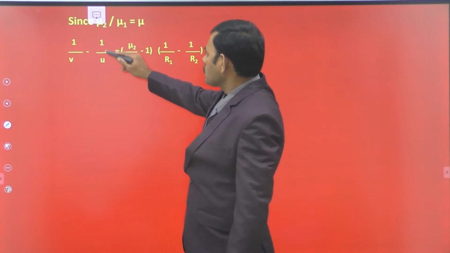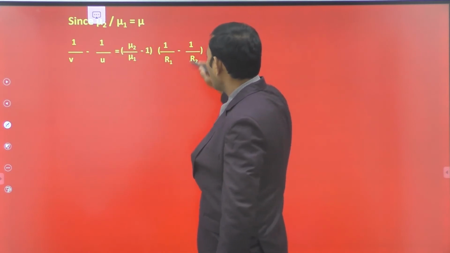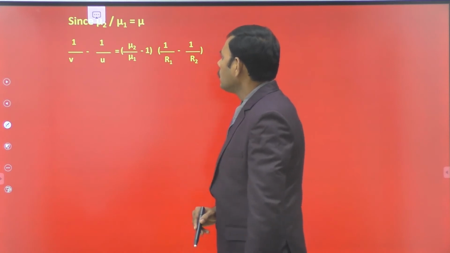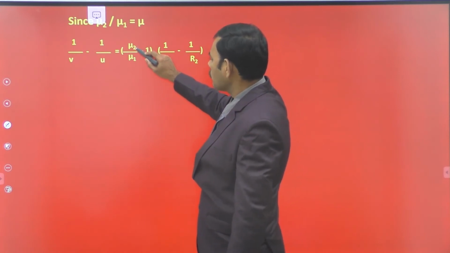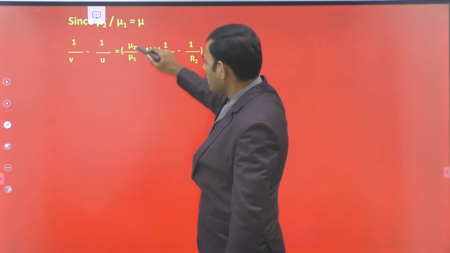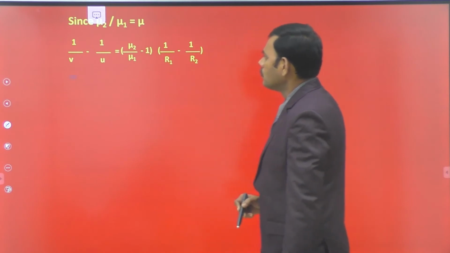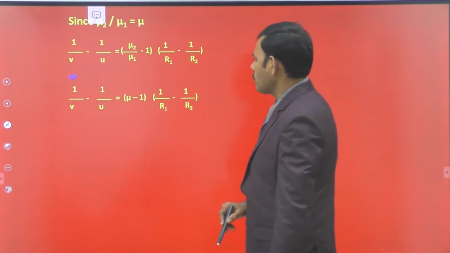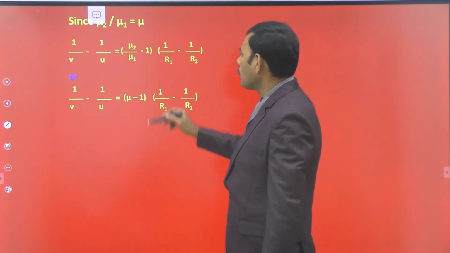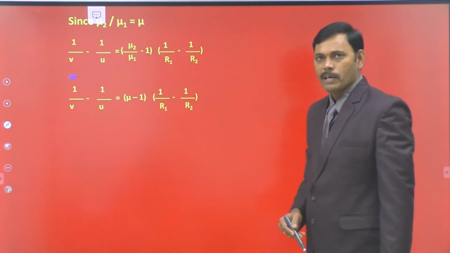Then 1 by v minus 1 by u is mu2 by mu1 minus 1 into 1 by r1 minus 1 by r2. Let mu2 by mu1, the refractive index of the denser medium, that is, of the lens with respect to the surrounding medium, be mu. Therefore, we get this equation: 1 by v minus 1 by u is mu minus 1 into 1 by r1 minus 1 by r2.